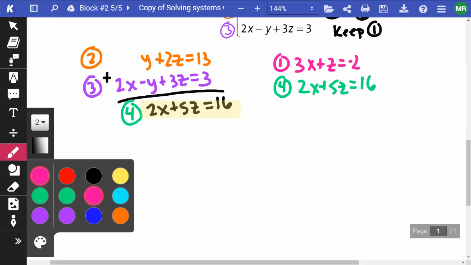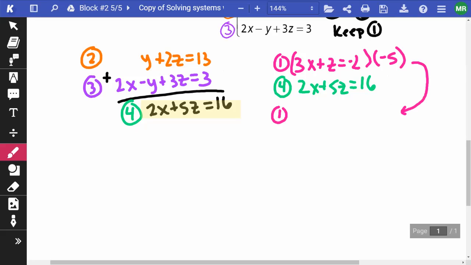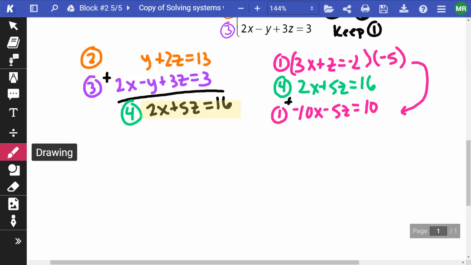And I am going to take number 1 and multiply this one by -5. And when I do, my new number 1 is going to be -10x minus 5z is equal to 10. I'm going to add these equations together. And so when I add those together, I'm going to get -8x, my z's cancel out, is equal to 26.